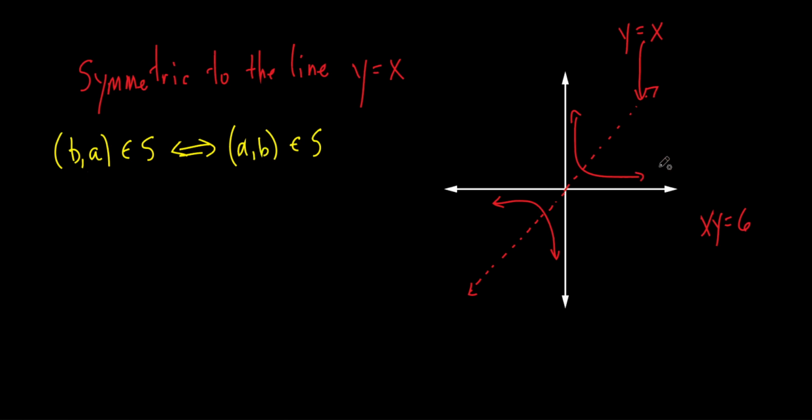So anytime you have a point right there, where is its mirror image? Its mirror image is right there. So if this was AB, what's this point going to be right there? That's going to be what? BA. Exactly. With me on that? Okay. Same thing here. If I went over here, where is this point the mirror image of? This is negative whatever, negative whatever. What would it be here?